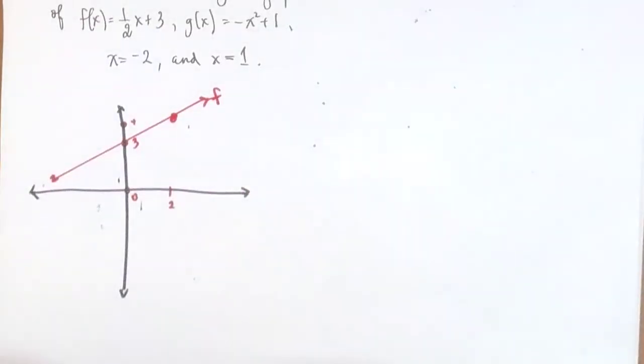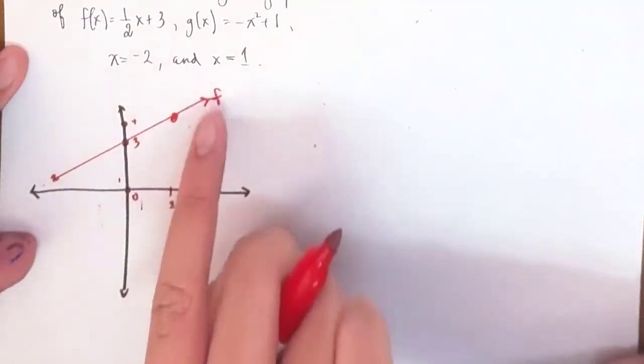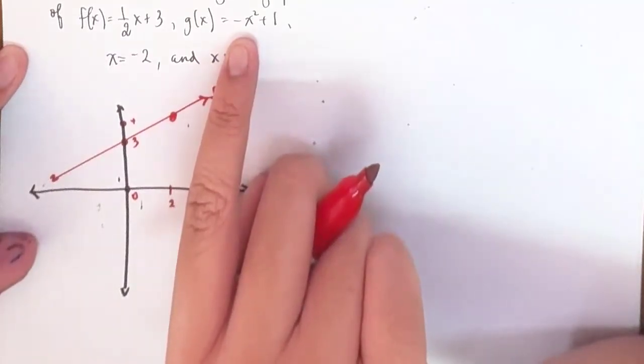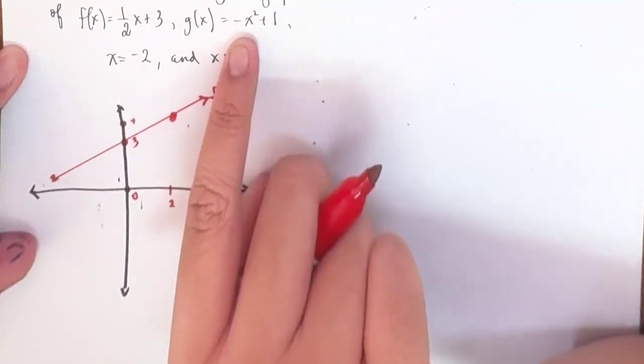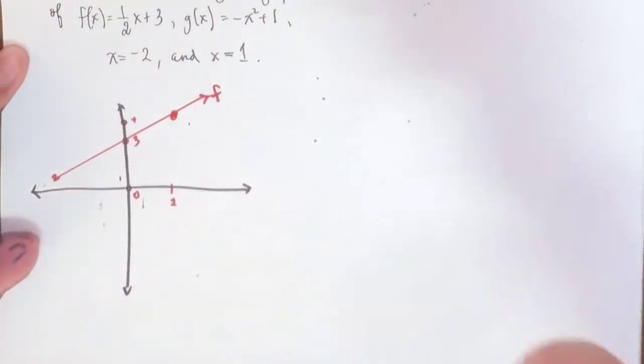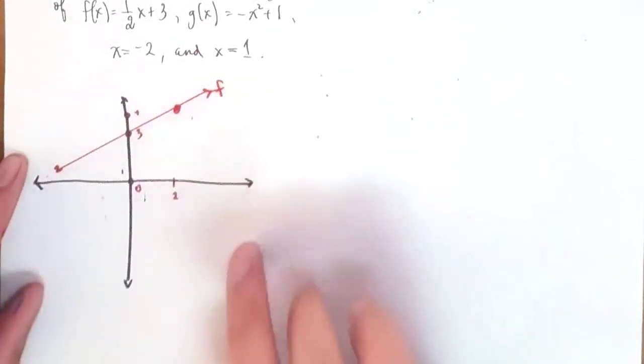What is the graph of the other function? Negative x squared plus 1. Well, if x equals 0, then y equals 1. Unlike linear functions, where you just need 2 points, in here, you need 3 points. You need the vertex, or where the parabola is originating from, and you need 2 points on either side so that you can connect those parabolas.